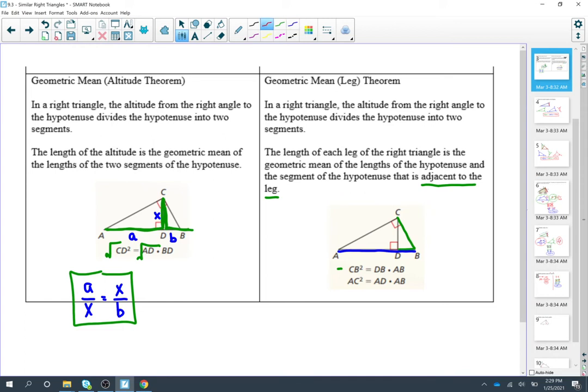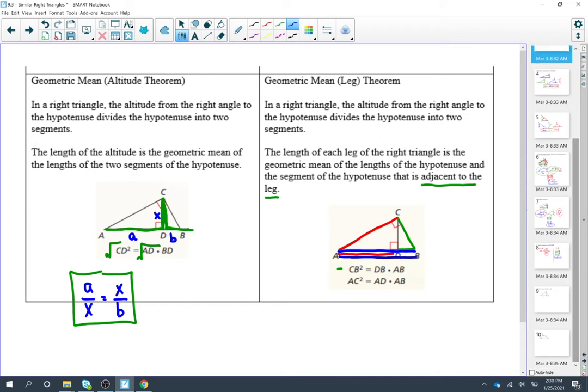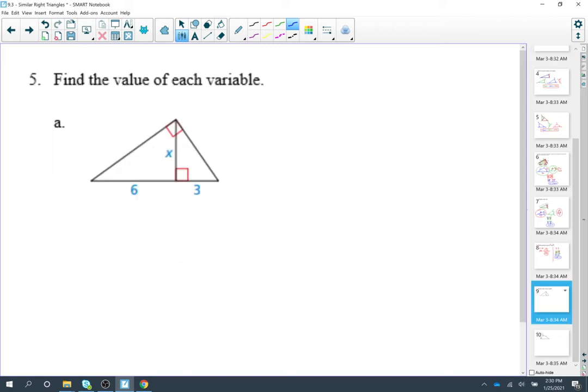Now, if we do the other leg, that would be CA. We square it, and that's going to equal the one next to it, AD, times AB, the whole thing.